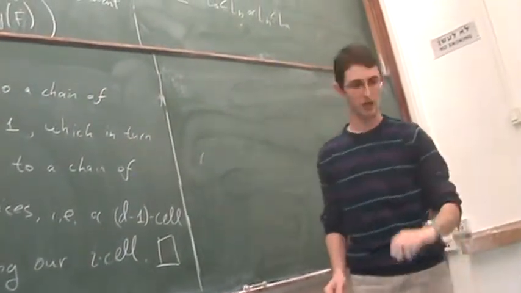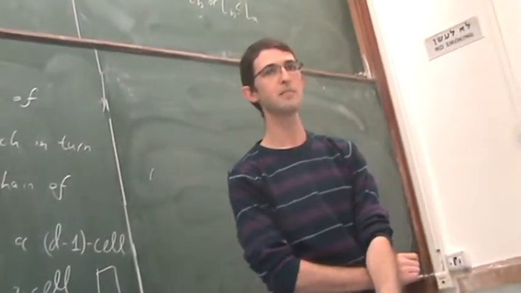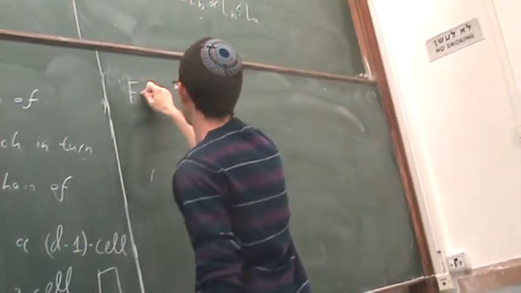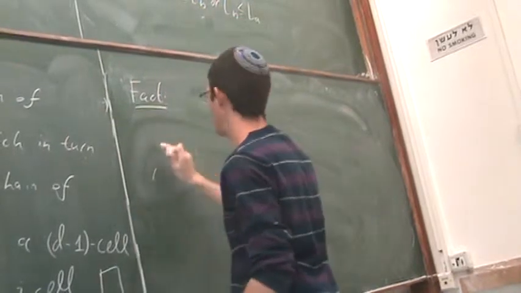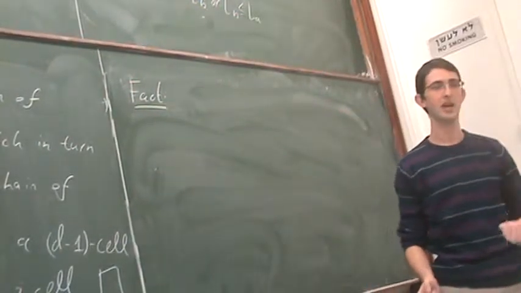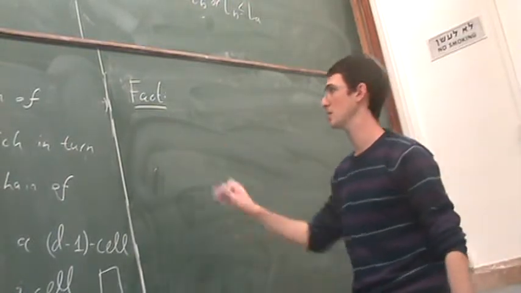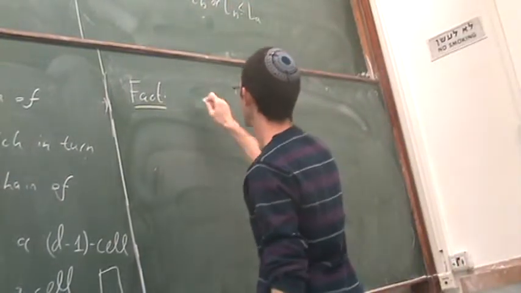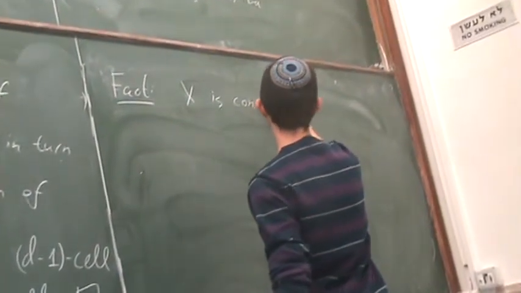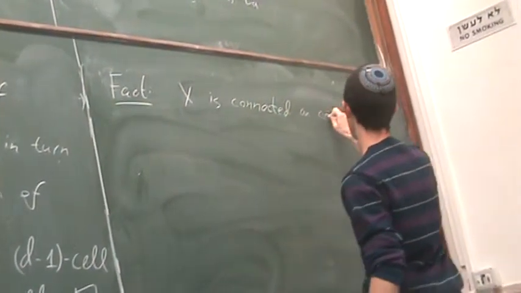So there are some, let's say, deeper combinatorial properties. I plan to prove it for the case d equals 2. I hope we would have time, but I will state it anyway. So X is connected and contractible.